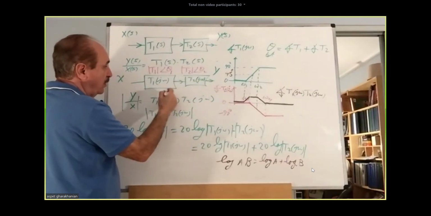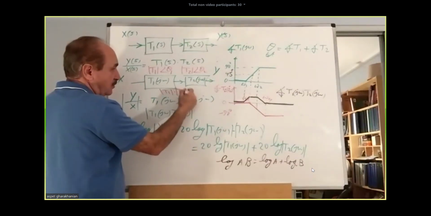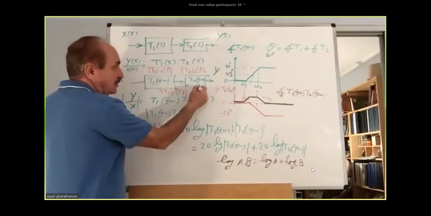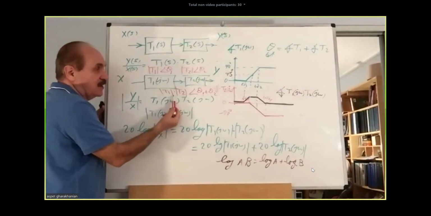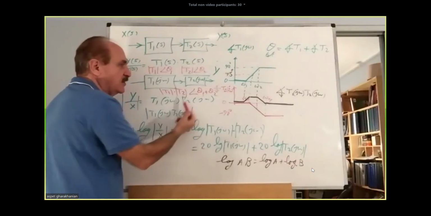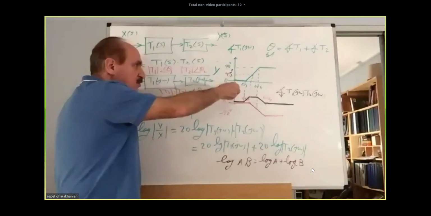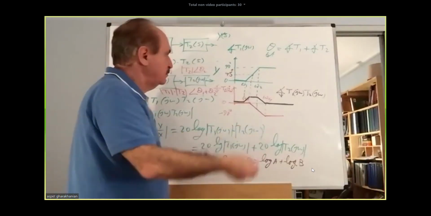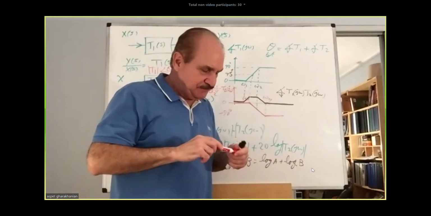So the overall is T1 times T2, but the angle is theta 1 plus theta 2. This is a product that is a sum. That's why we don't need to get the logarithm of the angle when plotting. Just plot the angle straight as a linear scale against the logarithmic frequency.